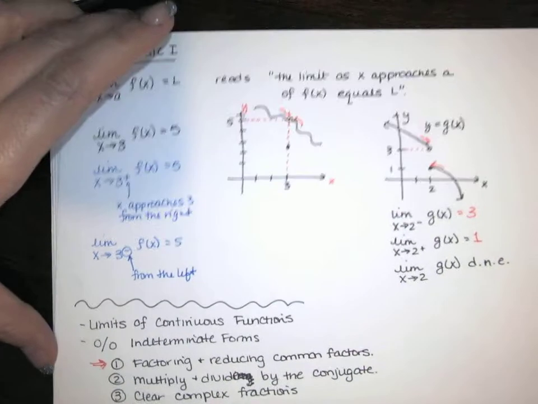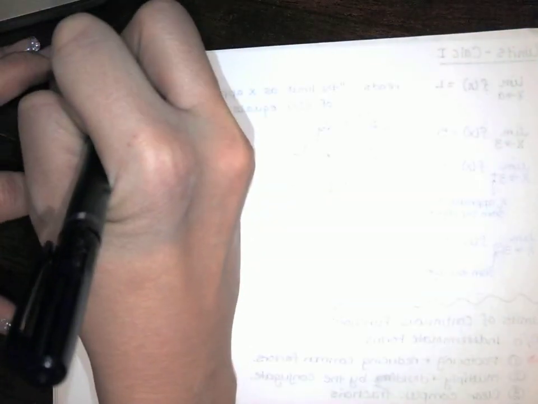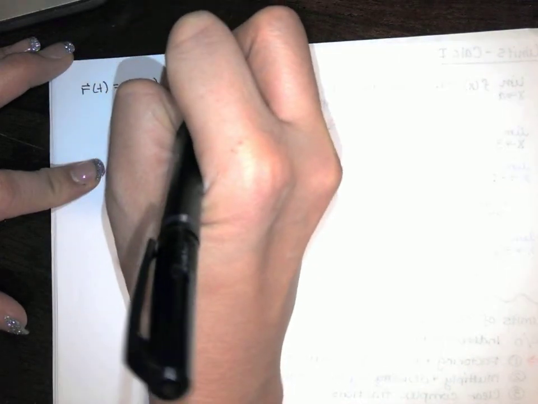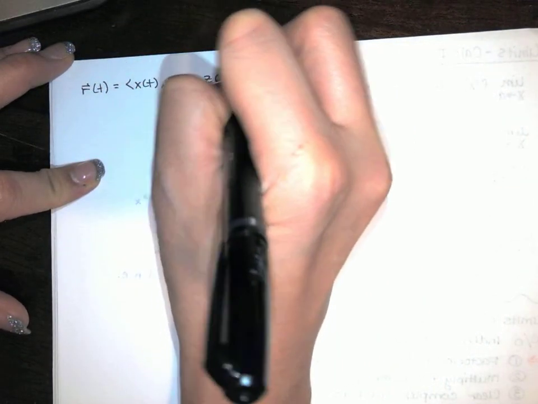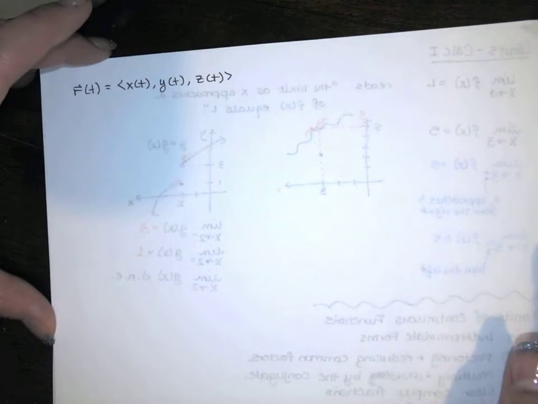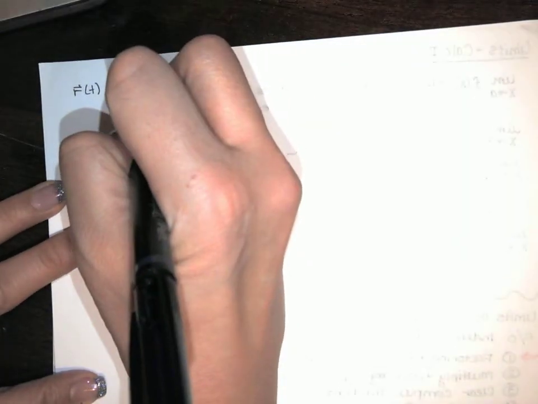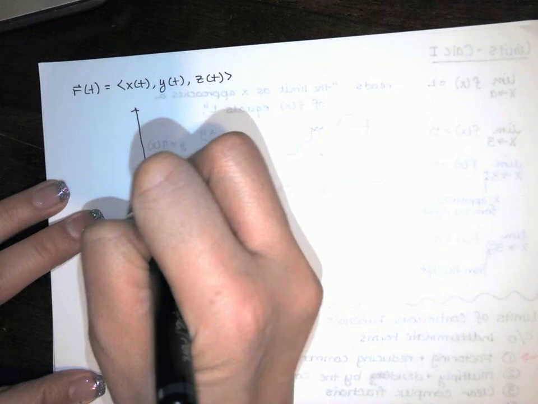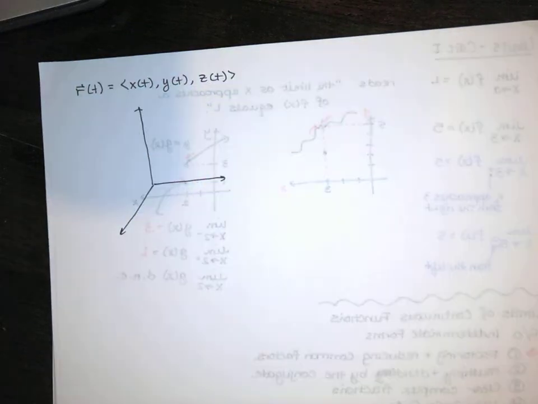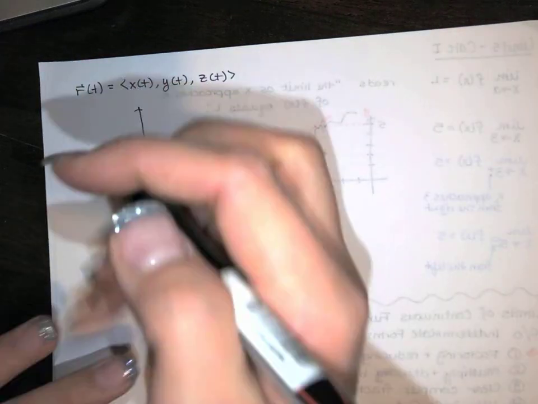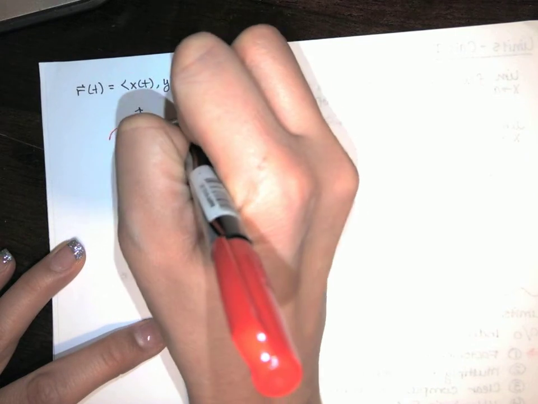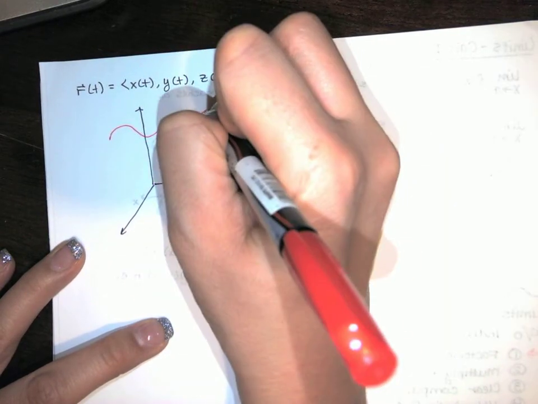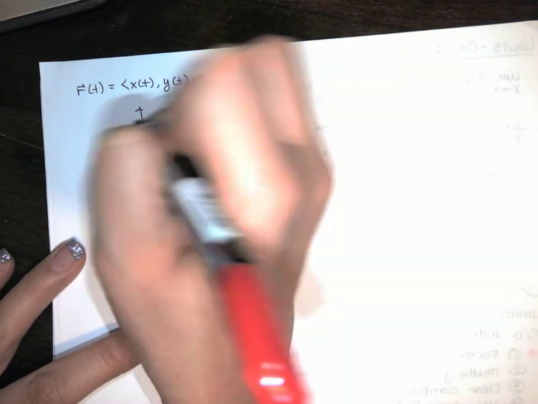So now we're going to talk about a limit in Calc 3. Let's say you have r of t, and we're going to say we're in three-dimensional space, but we could just as easily be in the plane or n-dimensional space. All of that would be fine. So r of t is generating a curve c, and maybe our curve looks like this. And at some point there's a hole, who knows, it just keeps going.